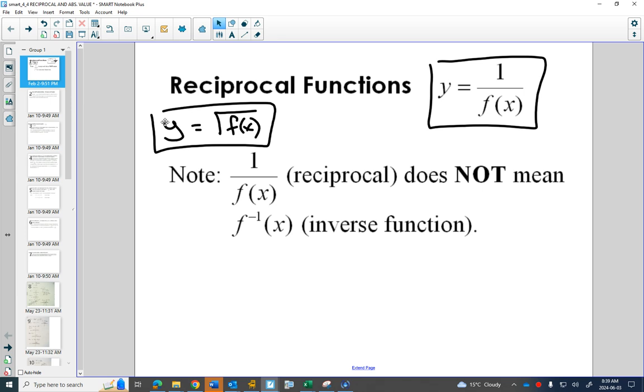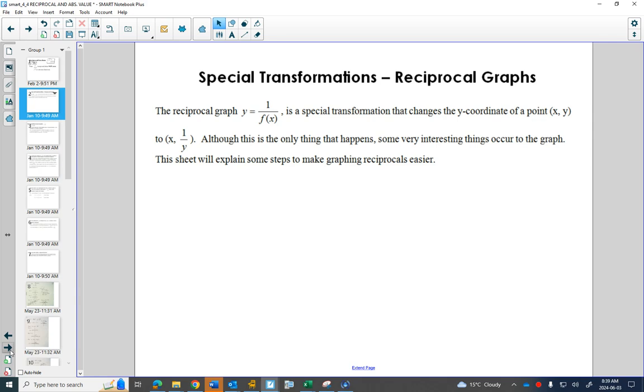So what we have in the notes that I handed out is some instructions and then some examples.